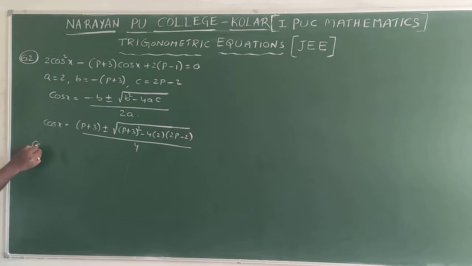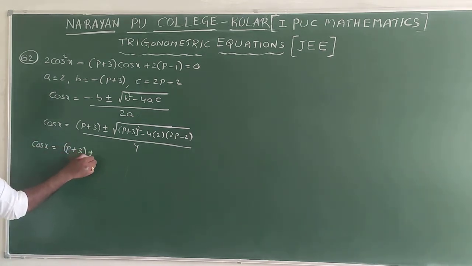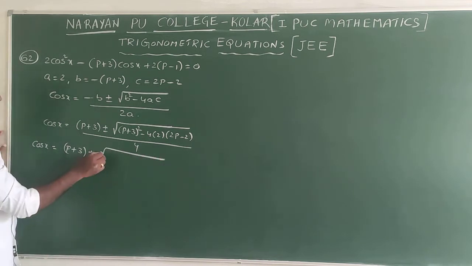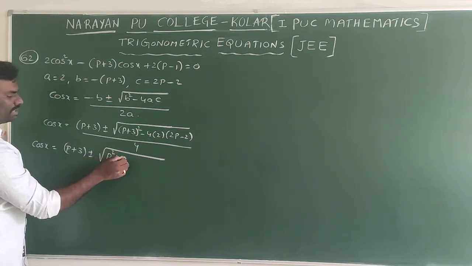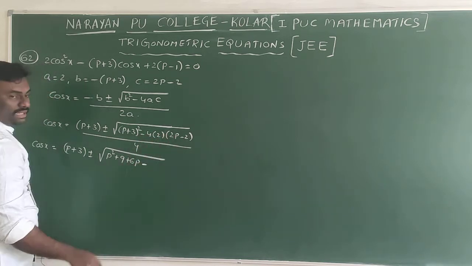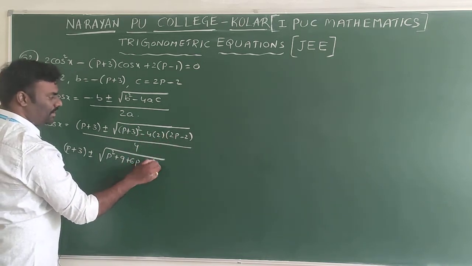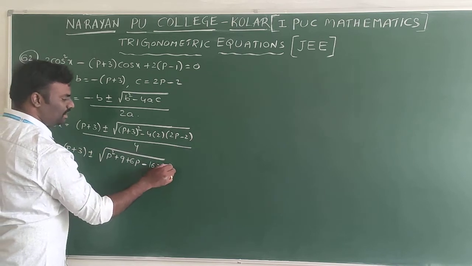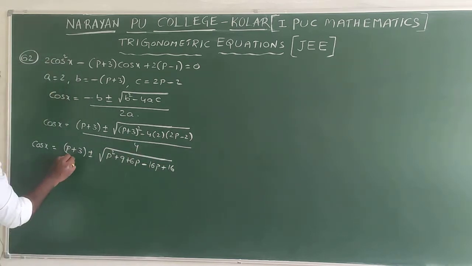Now cos x is equal to p plus 3 plus or minus, this can be written as p square plus 9 plus 6p minus 16p plus 16, by 4.